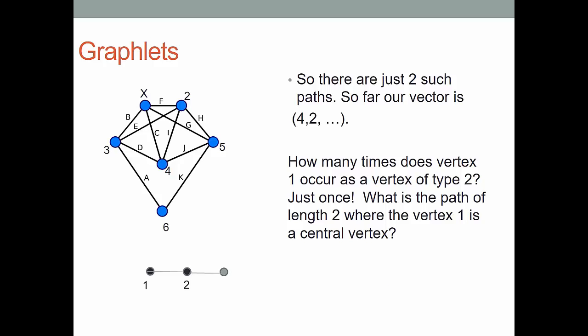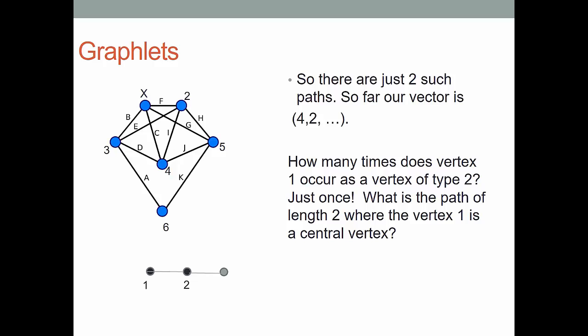Now we ask the question, how many times does the vertex X appear as the central vertex of an induced P2? And that is node 2 below. We saw before that X, 3, and 6 induces a P2, but X is not central.